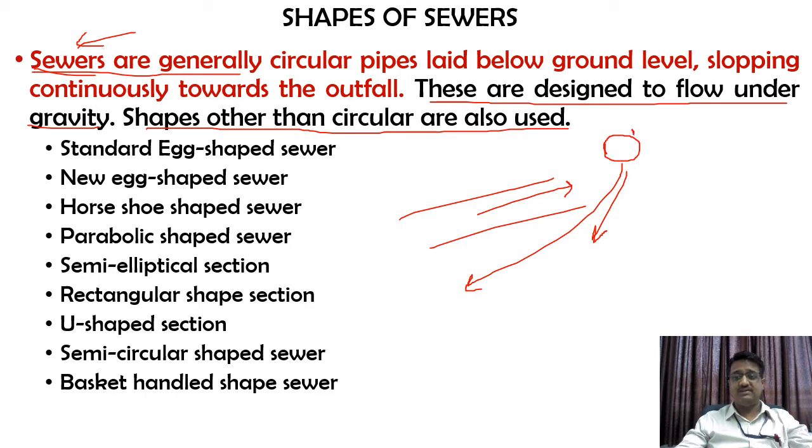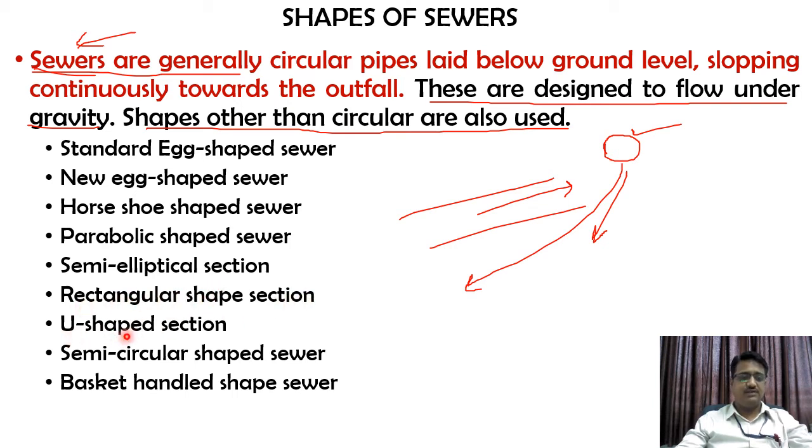The conventional one is circular. Apart from that, we have the standard egg shaped sewer, the new egg shaped sewer, the horseshoe shaped sewer, the parabolic shaped sewer, semi elliptical sections of sewer, and the rectangular shape.